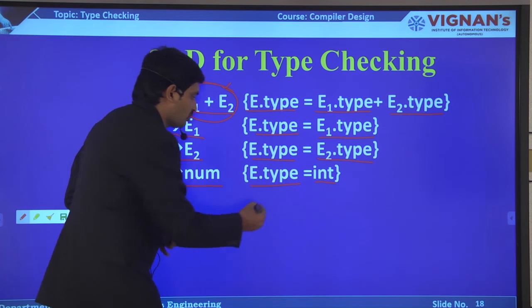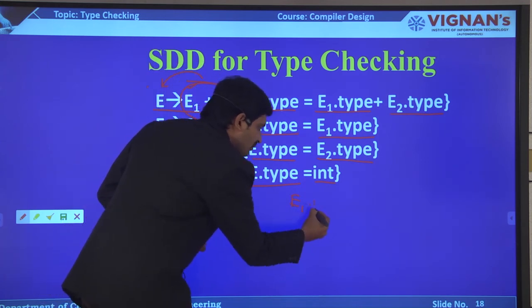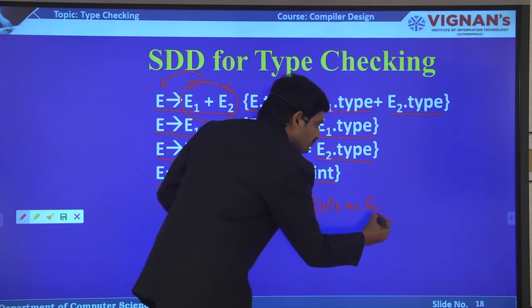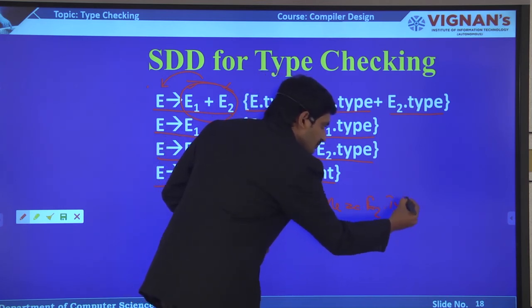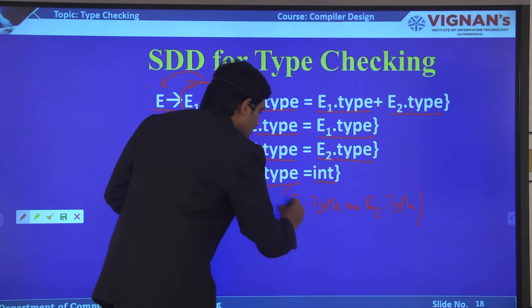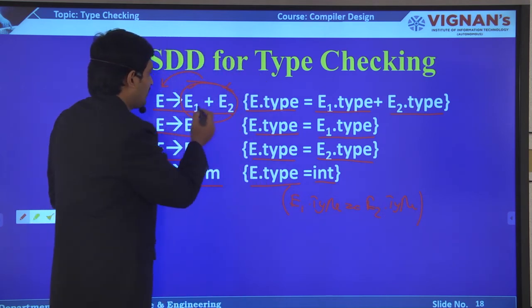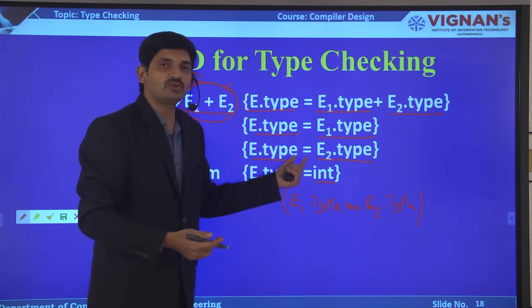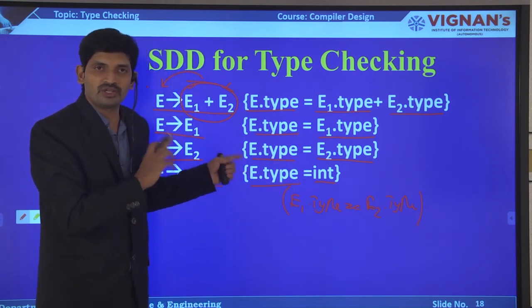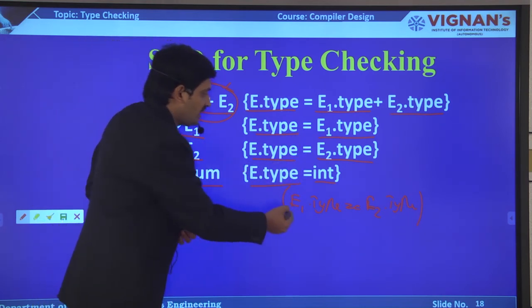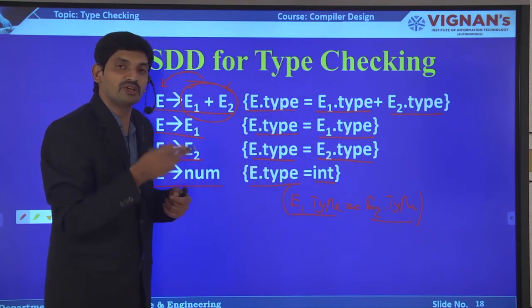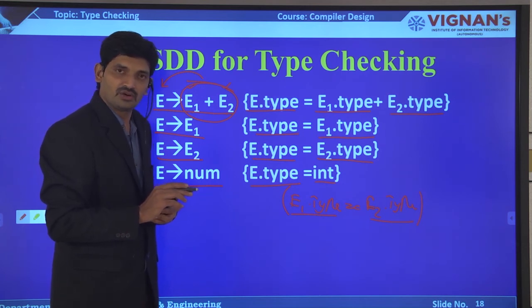So what I have to write is E1 type must equal E2 type. This is the basic condition. E1 type and E2 type must be integer, because we are dealing with integers. That means E1 and E2 must be integers.